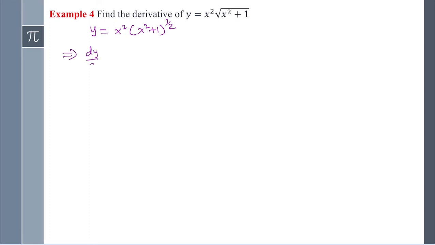So dy over dx. We have to use the product rule first, which is first function times derivative of second, plus second function times derivative of first. So your first function is x squared times the derivative of the second function. We have to use the chain rule here. So the derivative of this function is 1/2 times (x squared plus 1) to the negative 1/2, times the derivative of the inside function, which is 2x, okay?